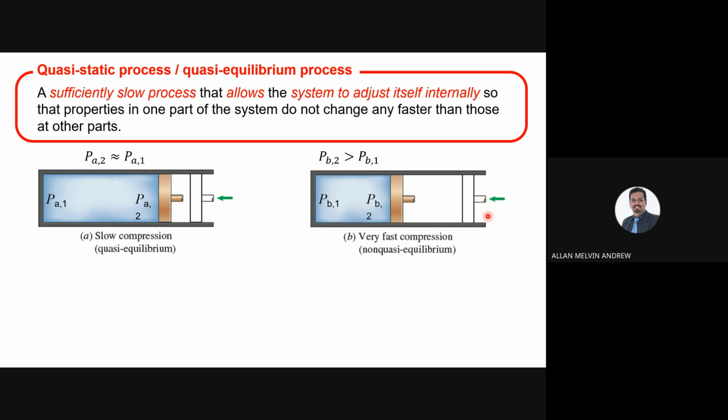If the compression is very fast, say you apply a lot of force and it is changing very fast, so pressure 2 is bigger than pressure 1, not almost equal, we call it a non quasi equilibrium.